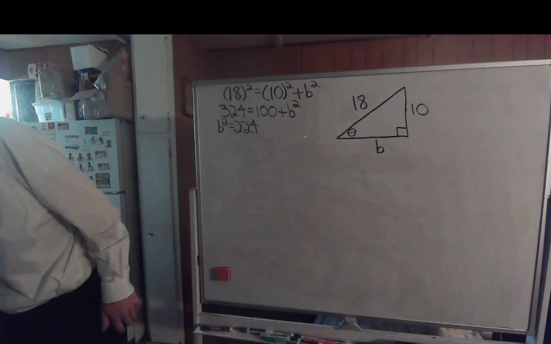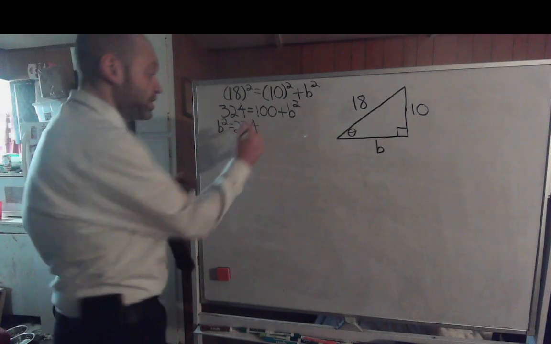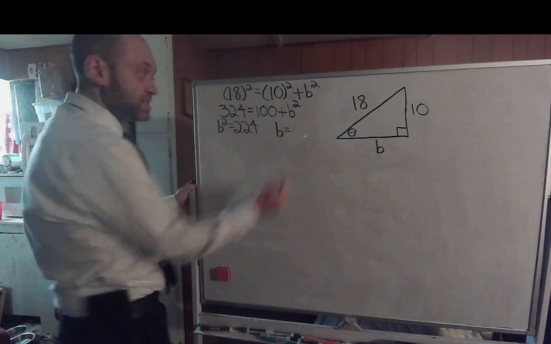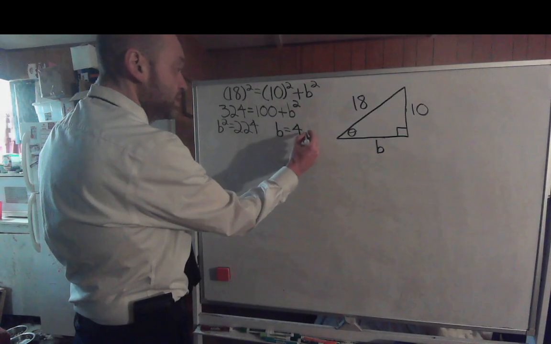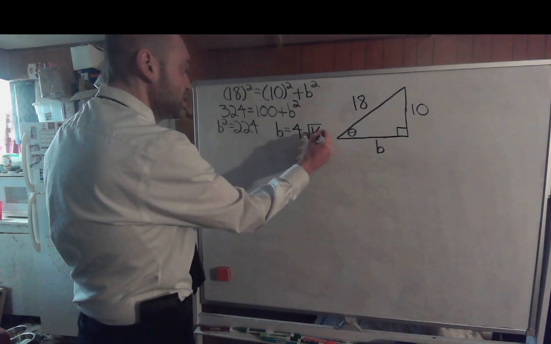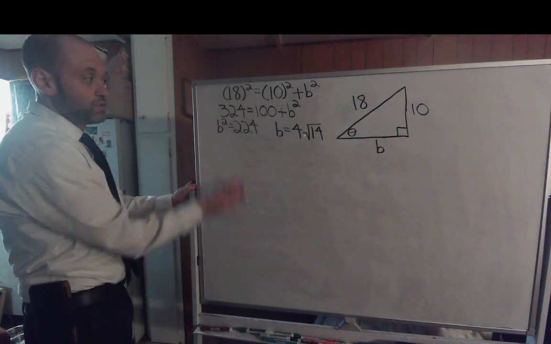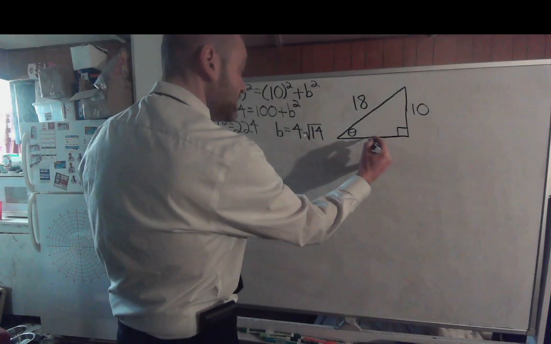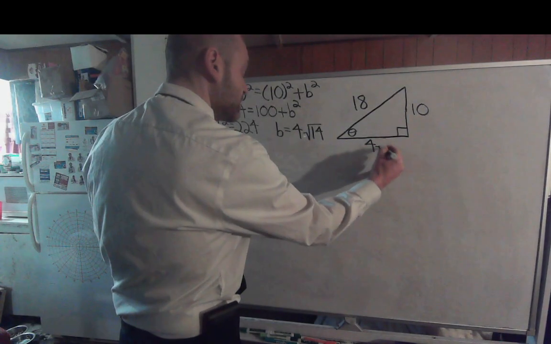Well, good news, it breaks down into the square root of 16 times 14. Square root of 16 is 4, and then you just have times the square root of 14. So that's the square root of 224, so that means side B has a length of 4 times the square root of 14.